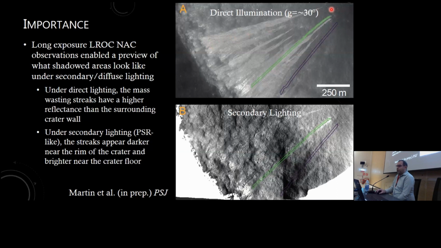However, when you switch over to the secondary lighting, looking at the reflected light into the PSR analog here, you'll notice that these bright areas are actually dark at the top of the crater and only become bright again once you go back down to the crater floor. That shows there is a very strong dependence on whether you're going to be able to see reflectance boundaries based off the incidence, emission and so forth.